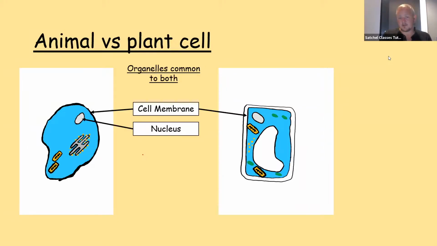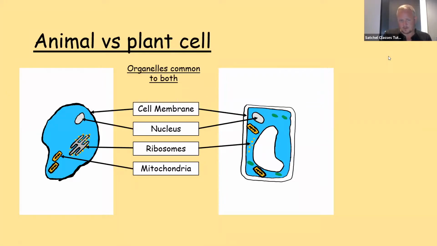A nucleus, this structure here and here, is where all the genetic information for the cell is stored. Ribosomes, as represented by the yellow dots here and here, are the site of protein synthesis.